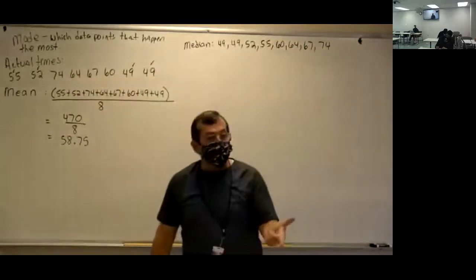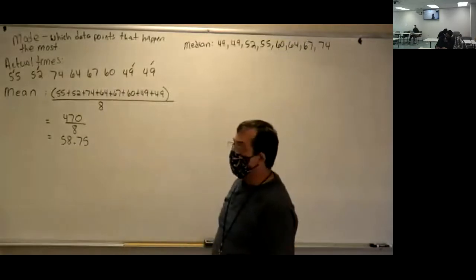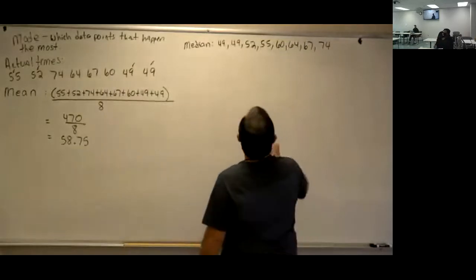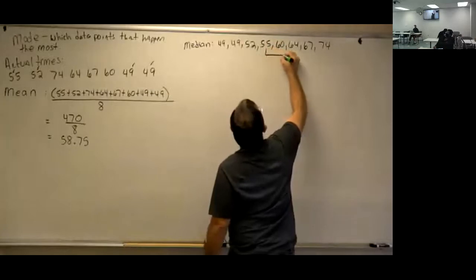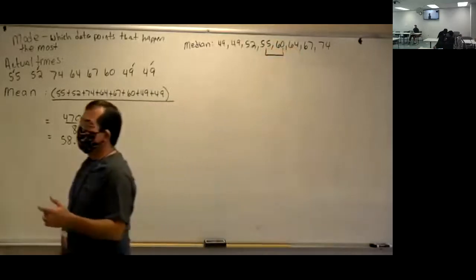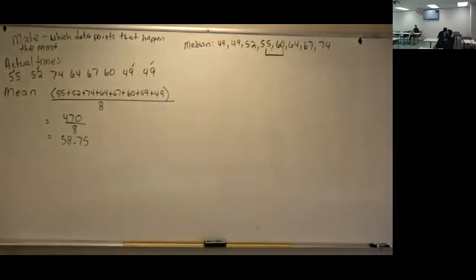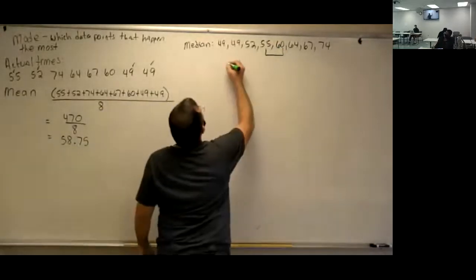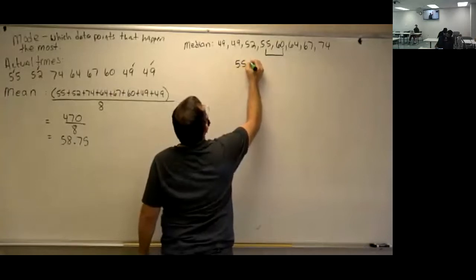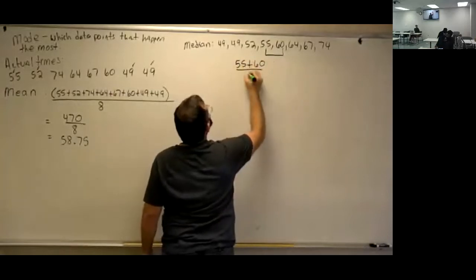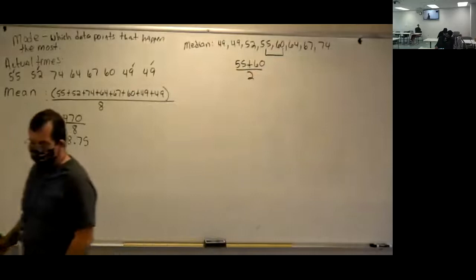So I've got an even number of data points. So when I had an even number, I had to take the 2 innermost numbers. I'm going to add them together and then divide by 2. So I'm going to do 55 plus 60 divided by 2.